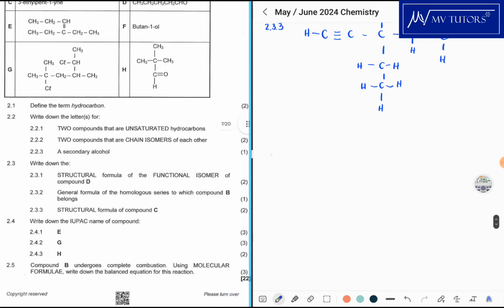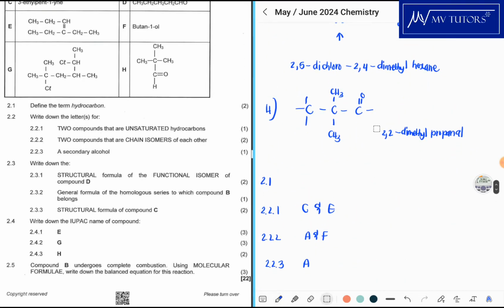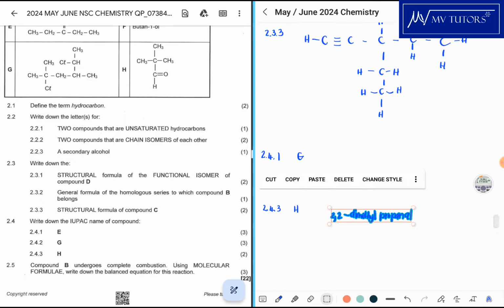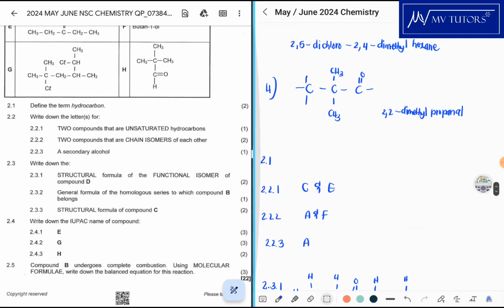And then now 2.4. Write down the IUPAC name of compound E. Okay, so we have E, we have G, and we have H. Let's start with H. H, we said it is 2,2-dimethylpropanol. Copy and paste. Okay, there we go for H. And now G, let's go get it.